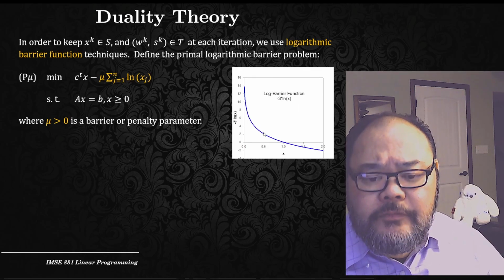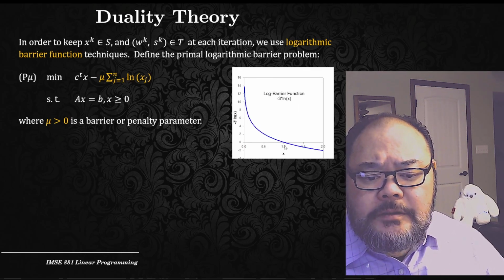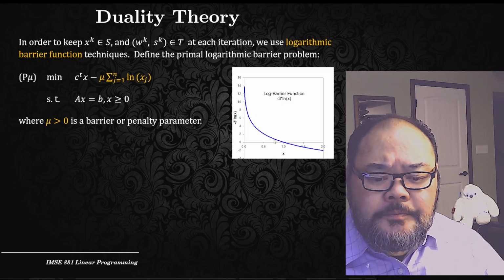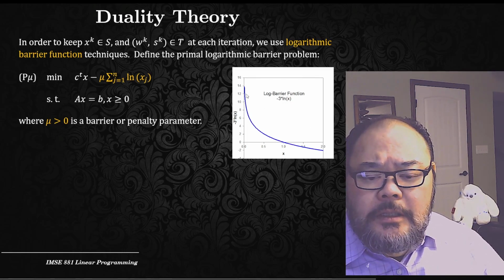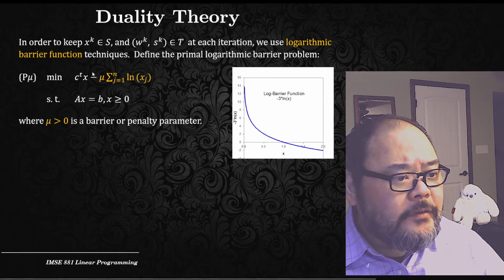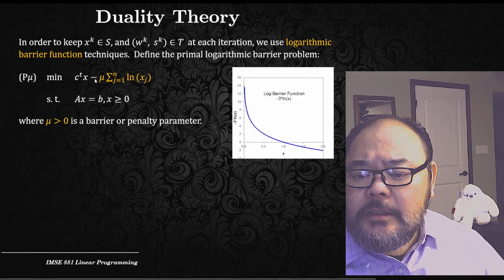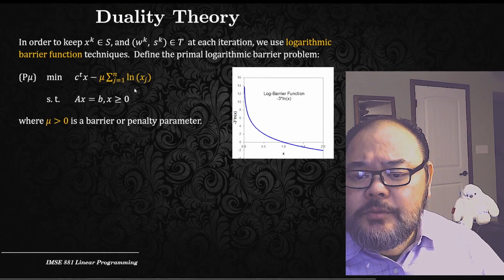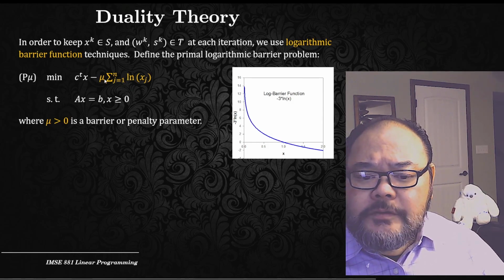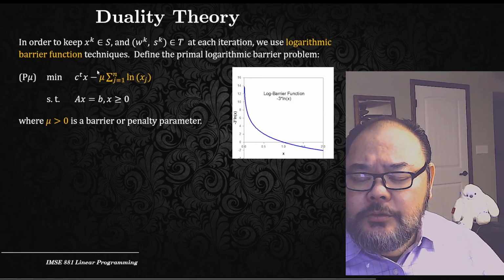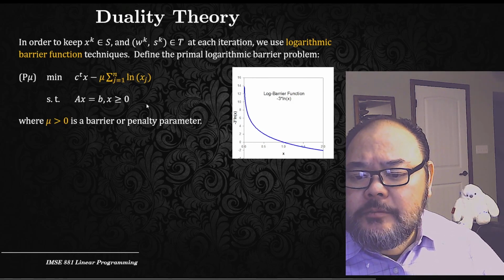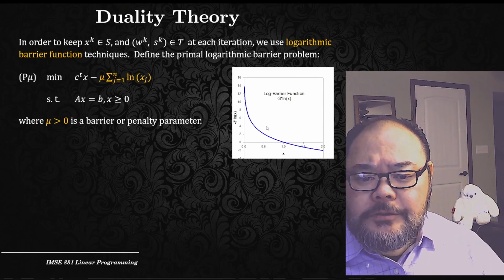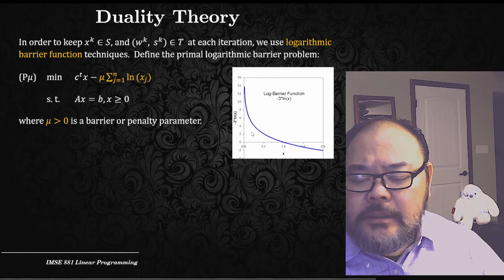Look at this graph. If x is closer to 0, the penalty increases toward infinity. Since there is a negative sign in front, the natural log term, which is itself negative, becomes a very huge positive against the minimization problem. So we create a barrier function, preventing x from getting too close to 0.